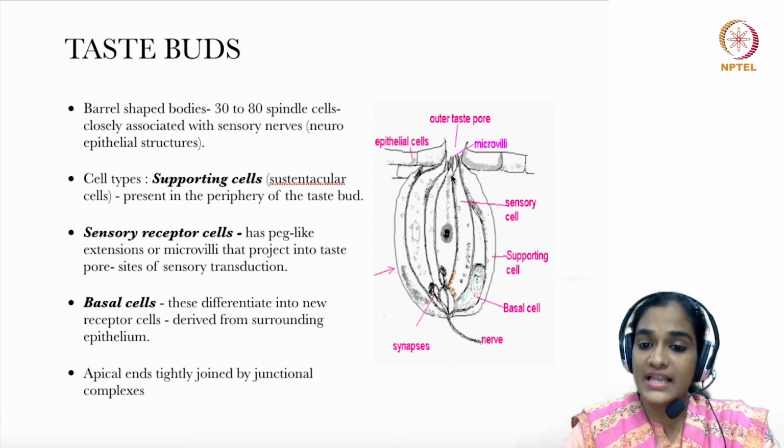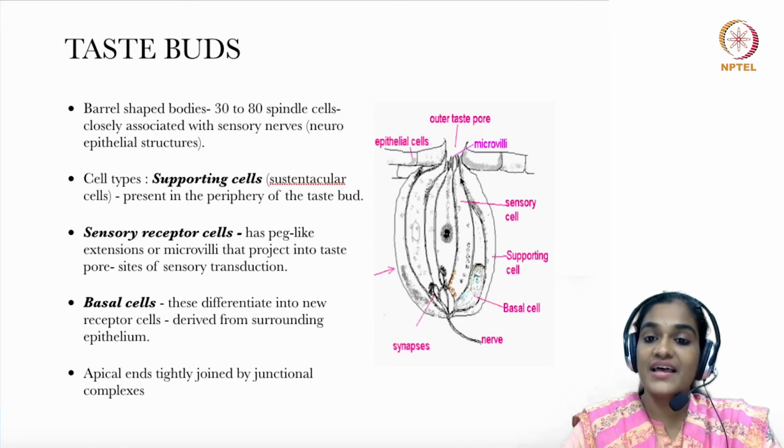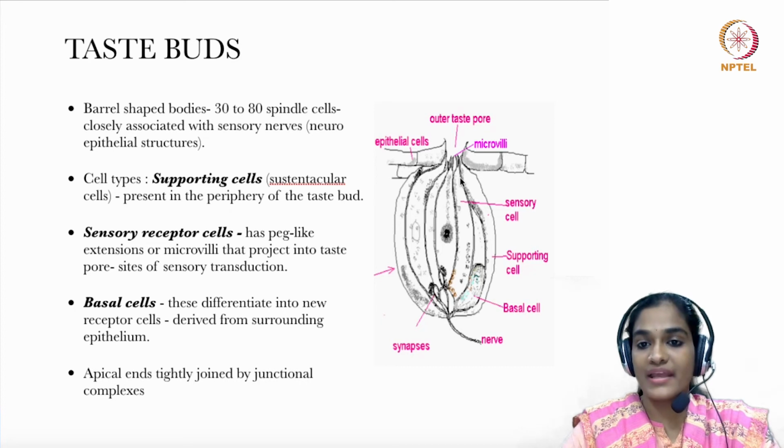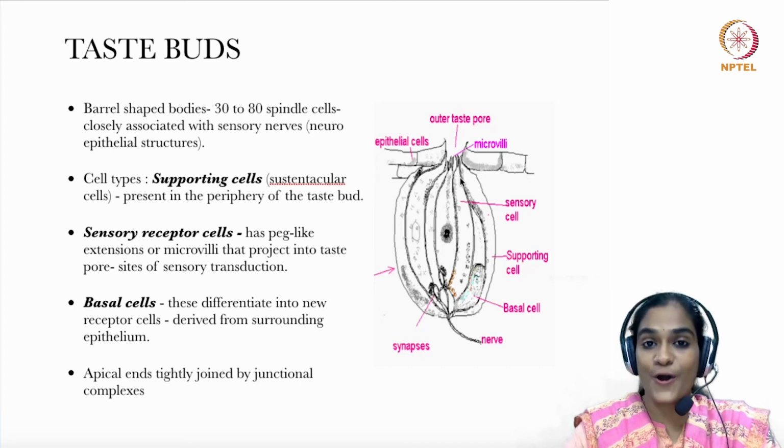There are some cells called the basal cells. These do not extend to the entire thickness of the taste bud, but these differentiate into the new receptor cells. These are said to be derived from the surrounding epithelial cells. The apical ends are tightly bound by means of junctional complexes.